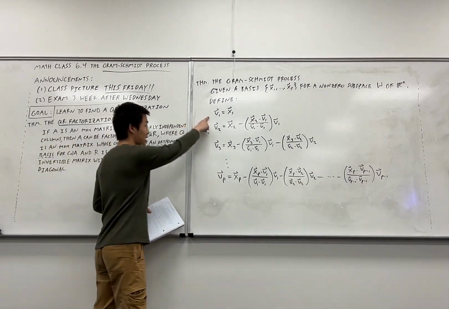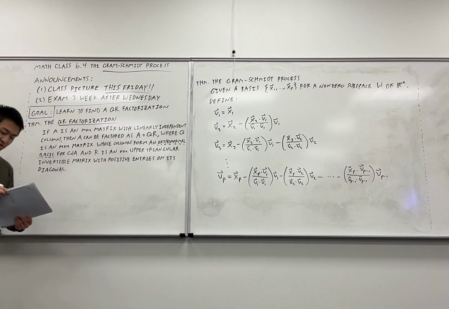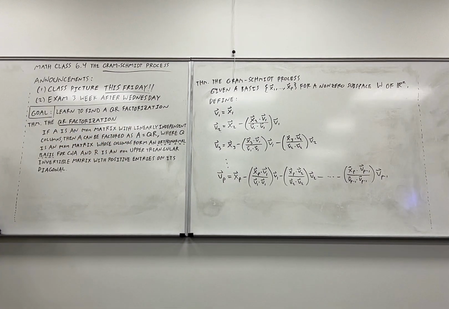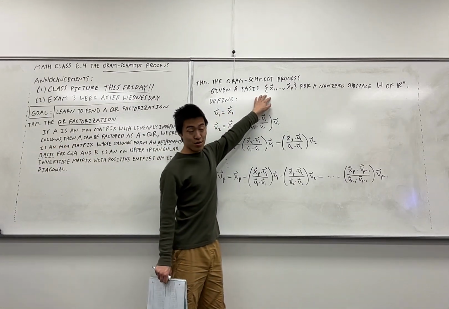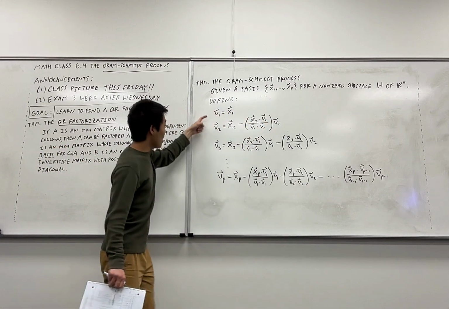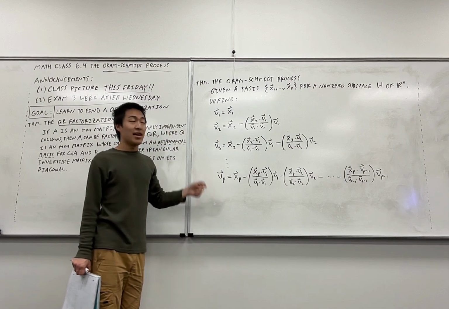If I then collected my V1 through VP, that actually forms an orthogonal basis. So this is accomplishing precisely what we needed it to do. We took a basis that's not orthogonal, and we spit out a basis that is orthogonal. And guess what?